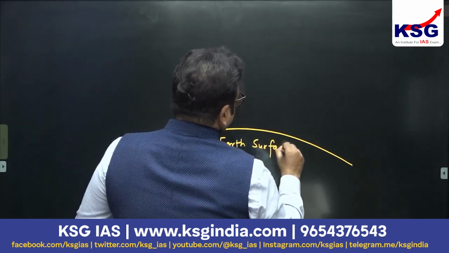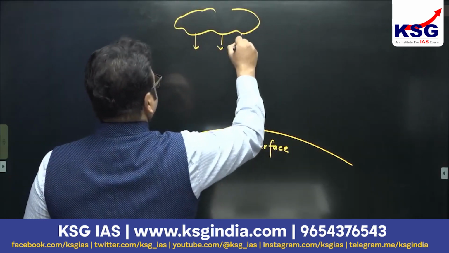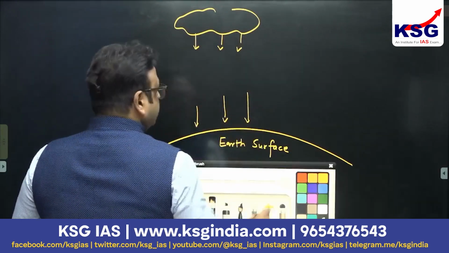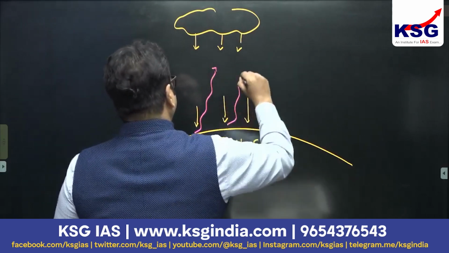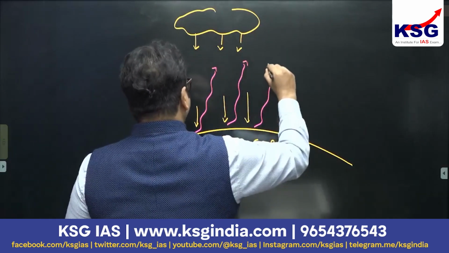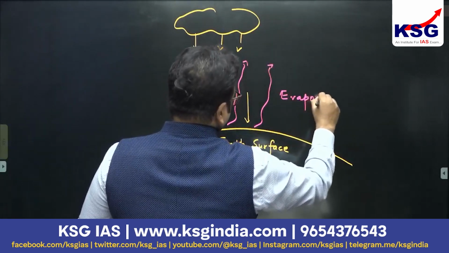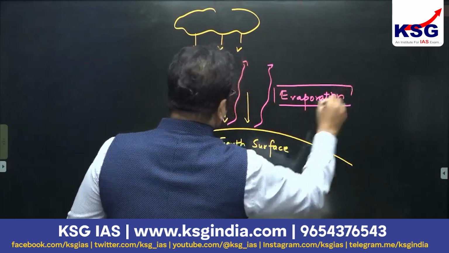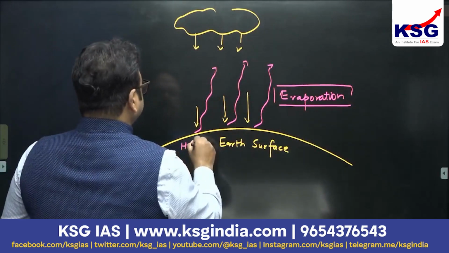When there is rainfall, after condensation, immediately this rainfall is changed into vapor phase, and again it goes up. Immediately this evaporation is going on. In the process, what happened? Water molecules absorb the heat which is present in the earth.